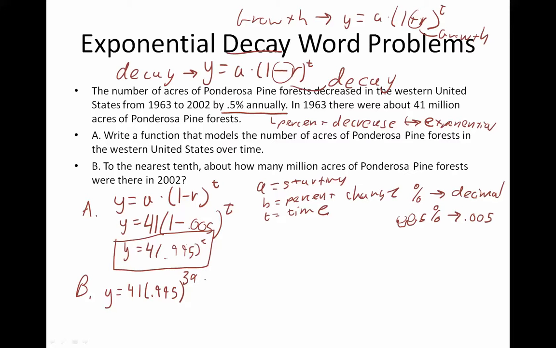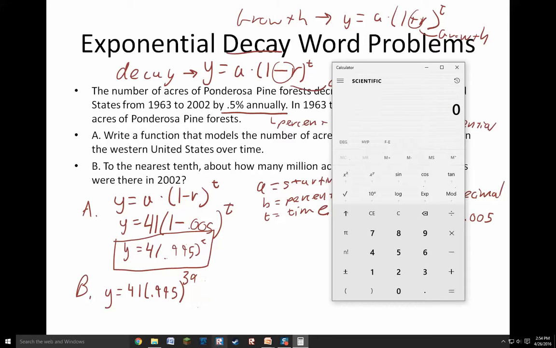And just like last time, it does not make sense to do these problems without a calculator. So let's use a calculator to do it. 0.995 to the 39th power just ain't happening on paper or in your head. So 0.995, and remember we're using that x to the y button. That to the 39th power is 0.822.